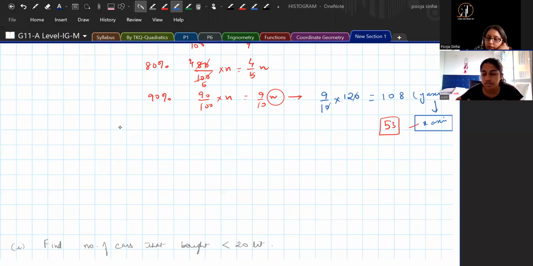Yeah. No, what I ended up doing was taking the 40 on the cumulative frequency axis instead of the petrol axis. These are all common mistakes that happen. We know it, but by mistake we do something wrong.